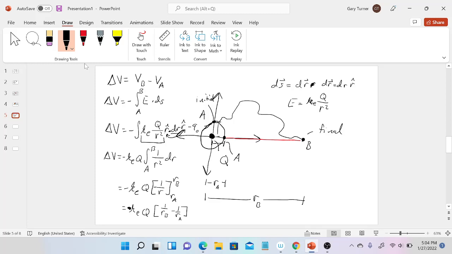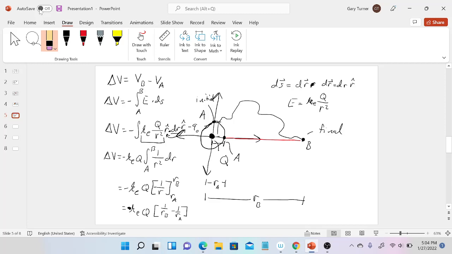And so what we can say is that our change in potential is going to be KEQ times this. Now, you can't just write this down as RB minus RA. To do that, we would be assuming that both of these denominators would be RB minus RA. That's not an appropriate thing to do. So, what is the interpretation of this?